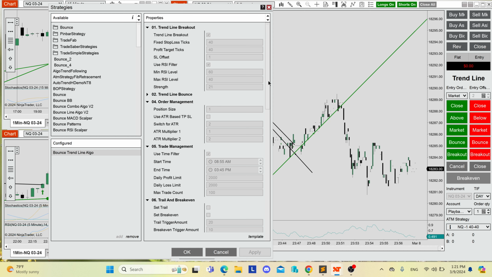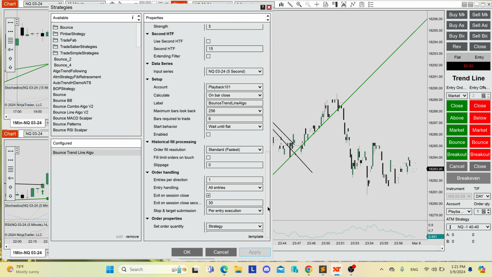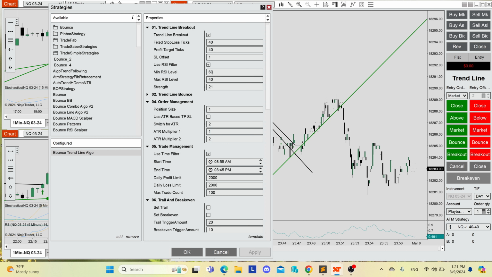The idea would be, if our ATR is low, we would set the take profit to like 20, because ATR is low, and it doesn't make sense to have a high TP if our ATR is low.